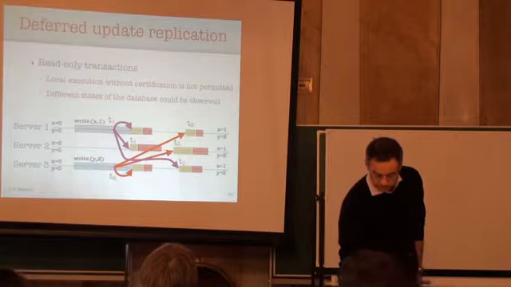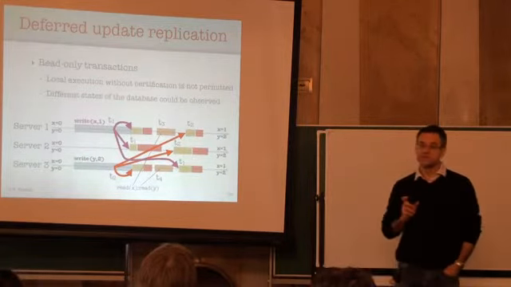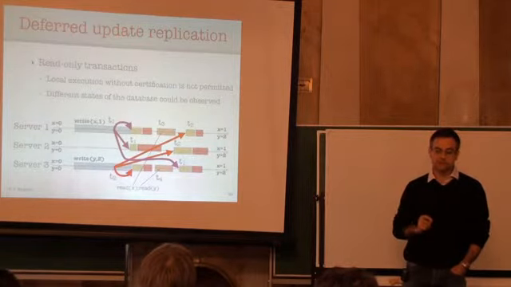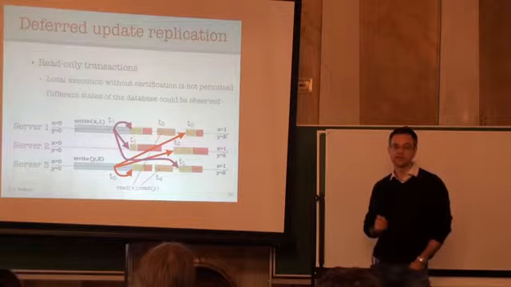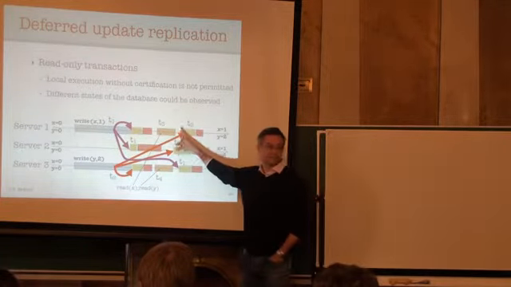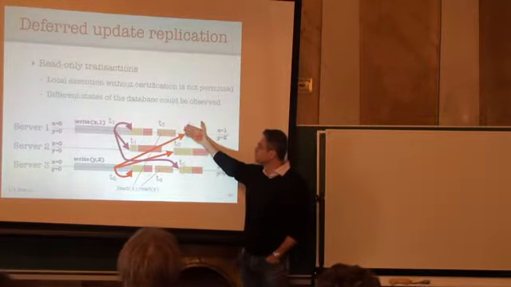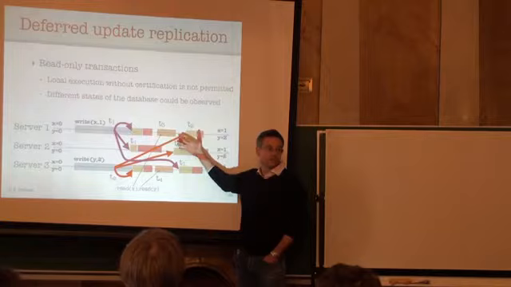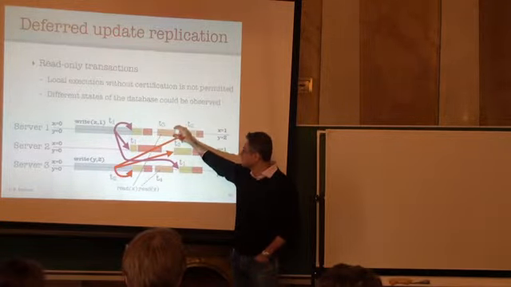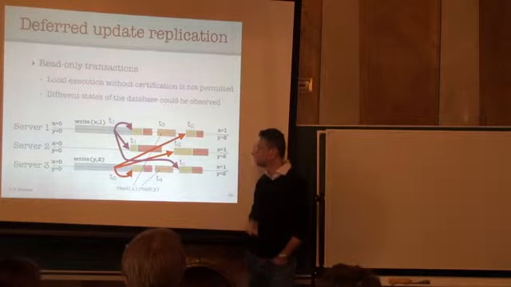That's the final state of the database after the two transactions are committed. Now let's assume that two transactions, T3 and T4, are read-only, and they happen to read the values of X and Y. But they execute at different servers. As I said before, we would like to execute read-only transactions completely locally. It happens that T3 executed at server 1 and T4 executed at server 3.